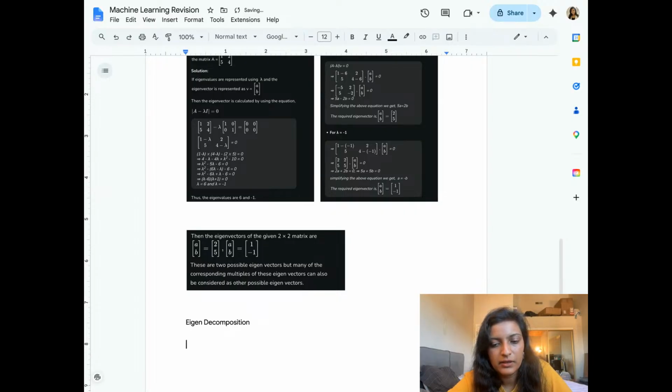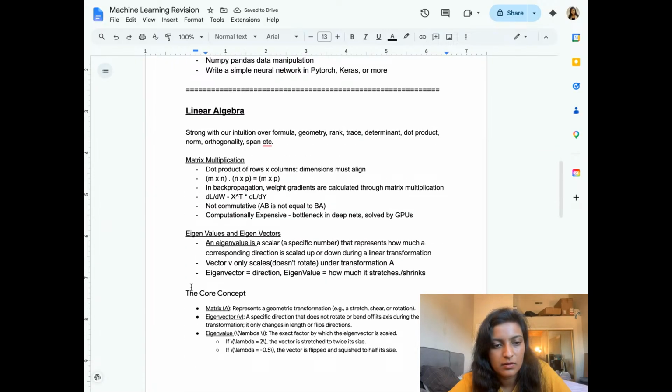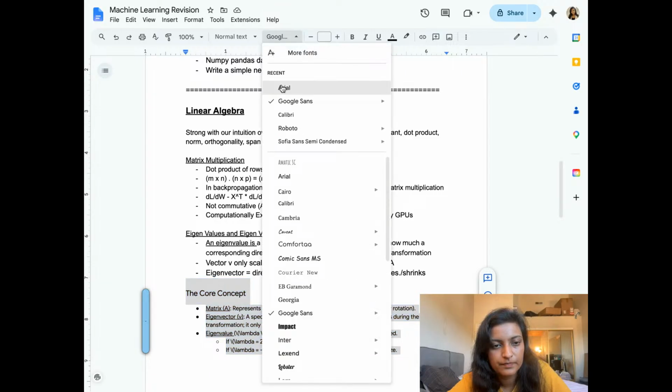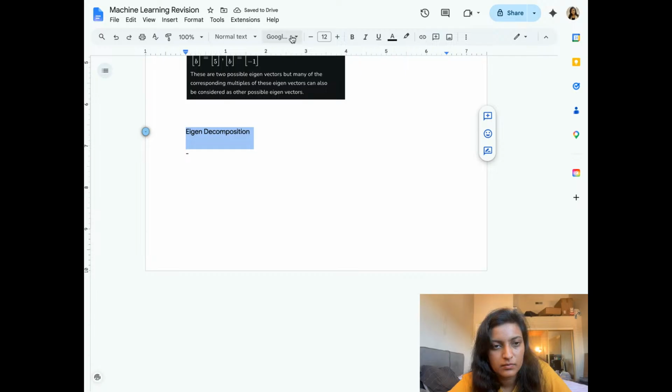Here we talk about decomposing a square matrix into eigenvectors and eigenvalues.